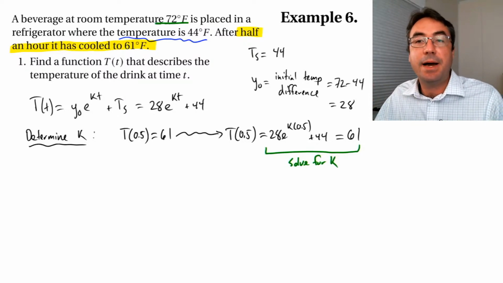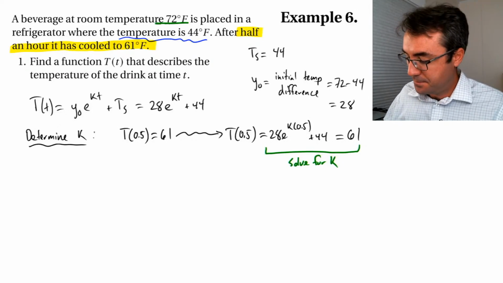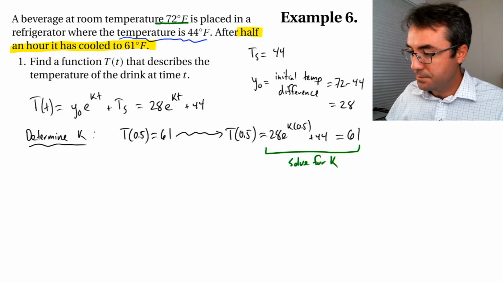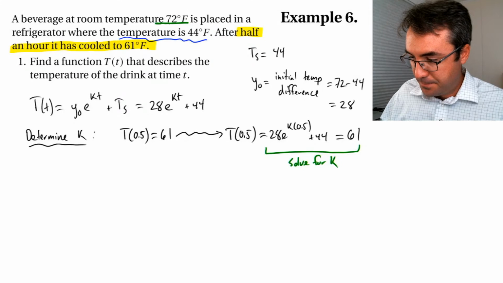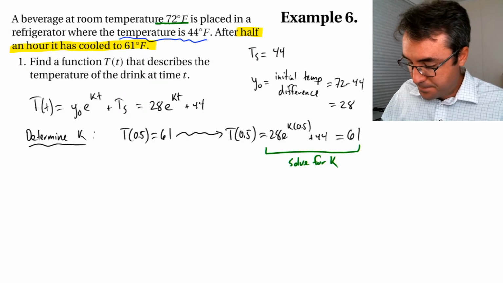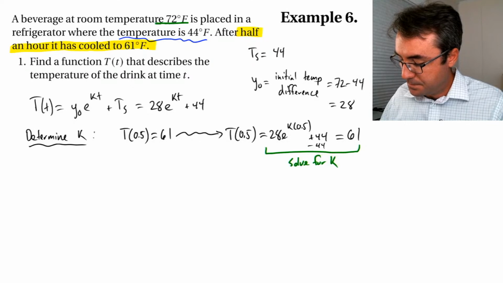We want to get K by itself. So we start by trying to get that exponential term by itself. Let's subtract 44 from both sides.